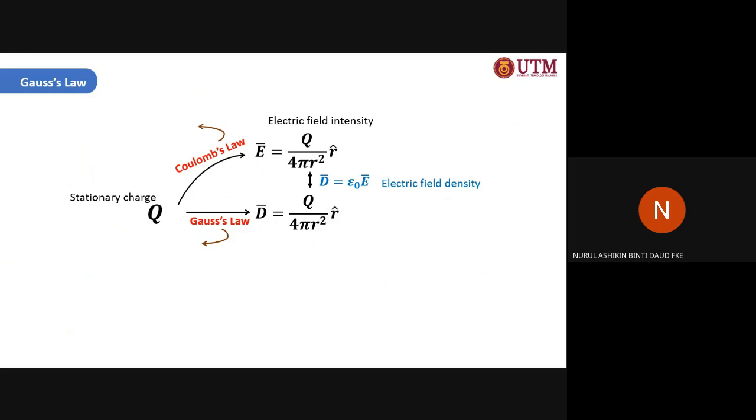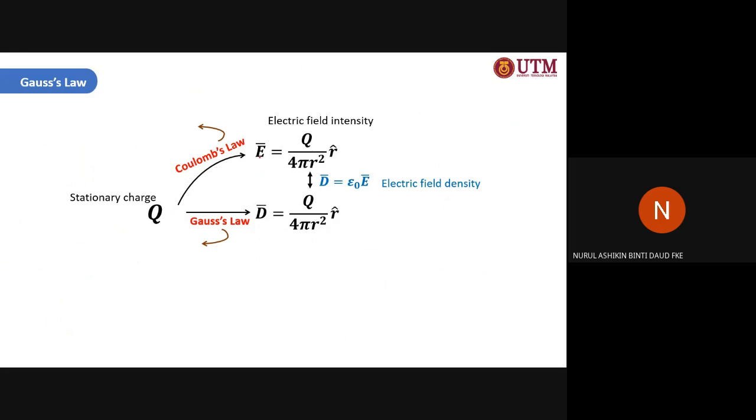Mathematically, Gauss's law is much simpler. If you are solving through Coulomb's law, it will take lots of calculation, where you need to derive the electric field intensity first, and after that multiply with epsilon naught, then only you will get the electric field density.